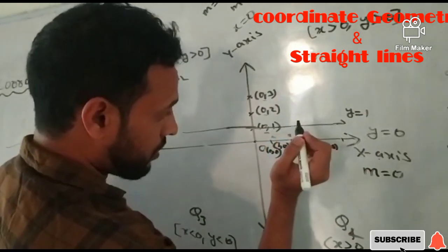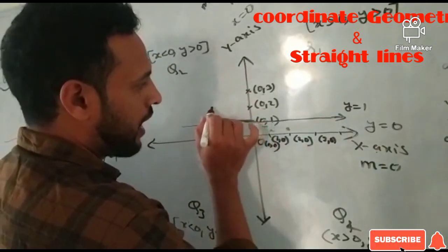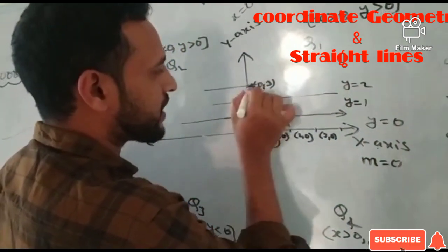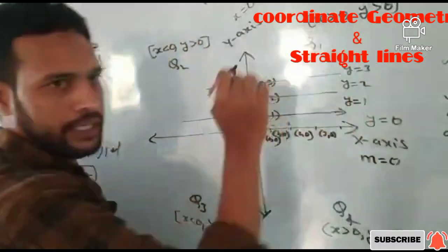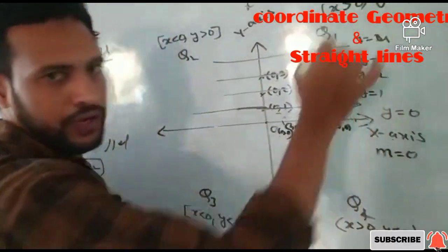This line equation is y is equal to 2. This line equation will be y is equal to 3, and you will get equations like this and so on: y is equal to 4, y is equal to 5 and so on.